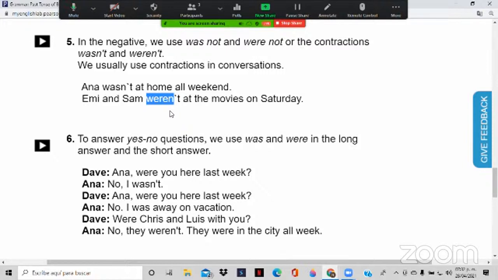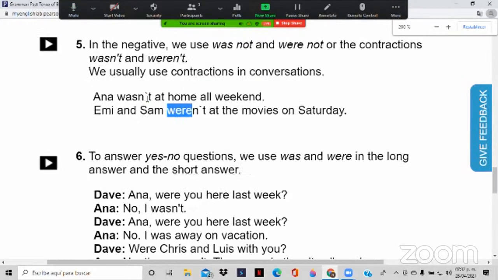Bueno, pues ahí estamos utilizando el famoso were, este verbo sin la H. Were. Y ya el otro que vendría siendo where, ¿de dónde? Where, okay, is different. So let's pay attention to that.